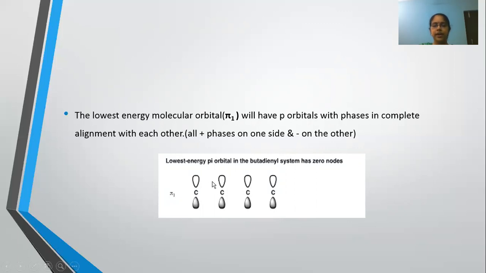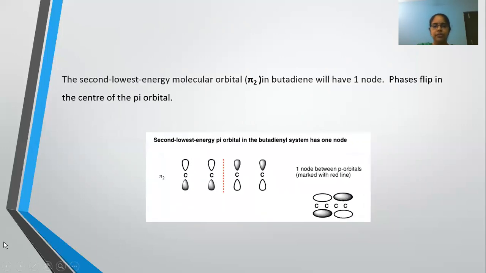If we consider the unshaded part as positive and the shaded part as negative, then all the negative phases are arranged below the main carbon chain, whereas all the positive phases are arranged above the main carbon chain. So this is the representation of the lowest energy molecular orbital without any nodes in between. Now coming to the second one, the second lowest energy molecular orbital in butadiene will have one node.